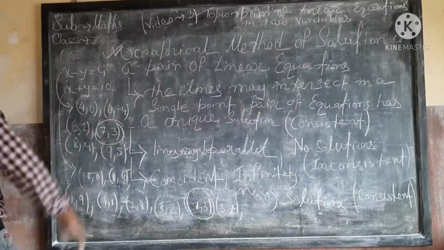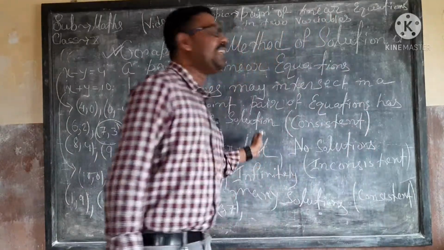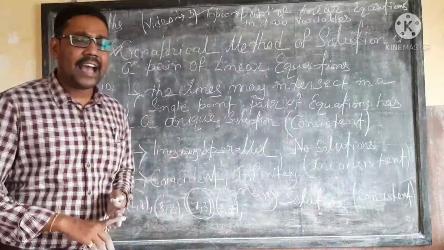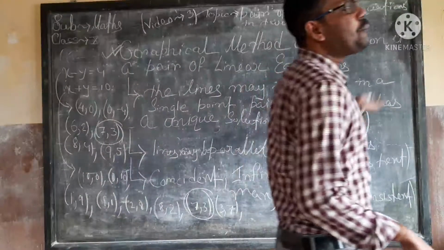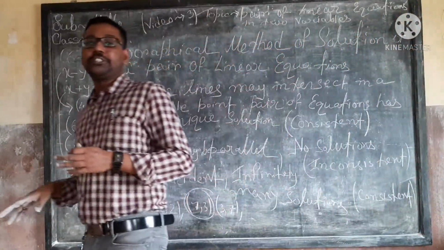And the second criterion, the lines may be parallel to each other, and this time this pair of linear equations has no solution.